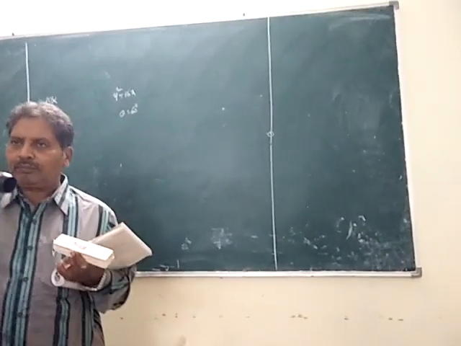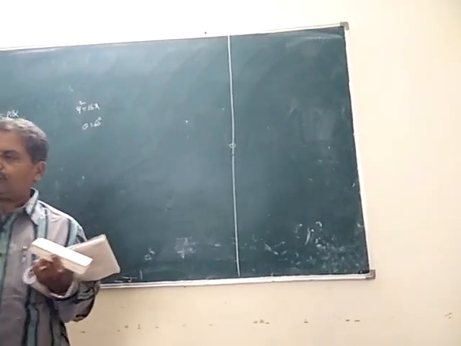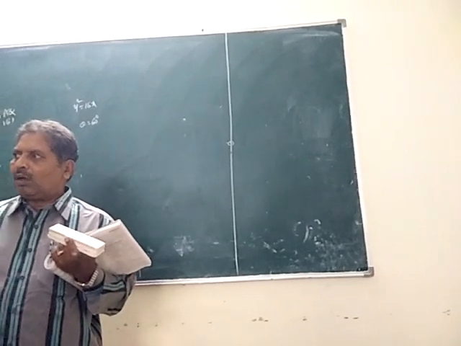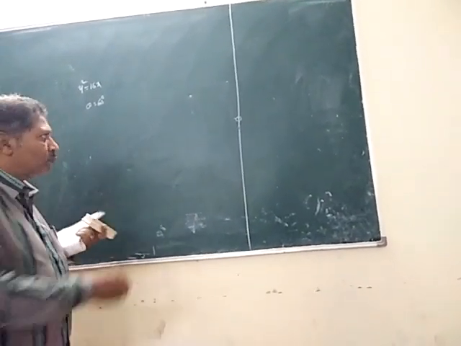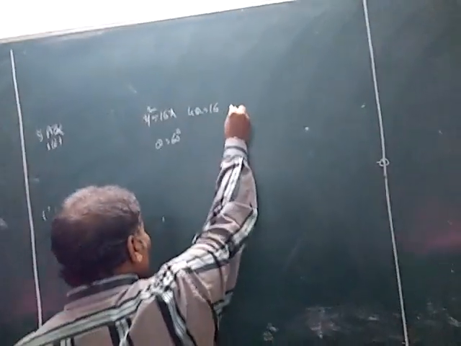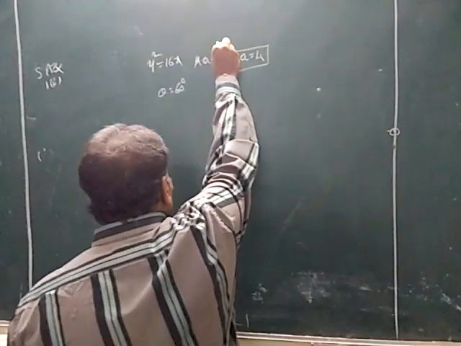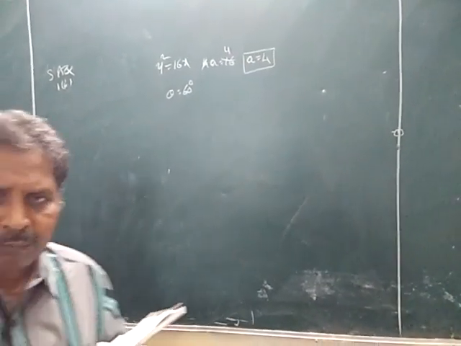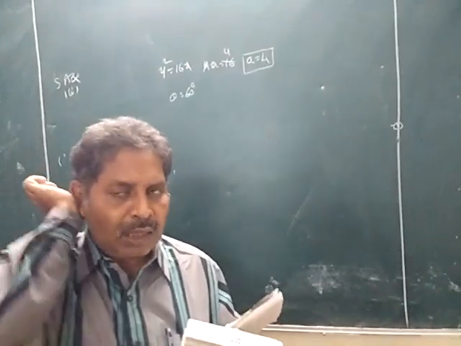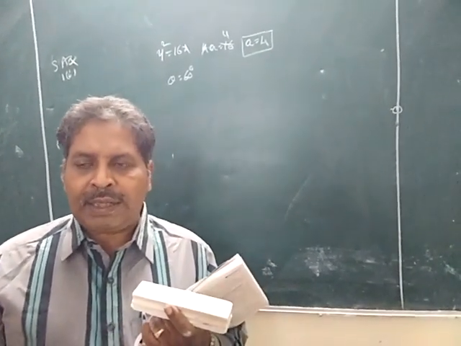Solution. Given parabola is y square equal to 16x. 4a value 16, a value 4. Given theta equal to 60 degrees.